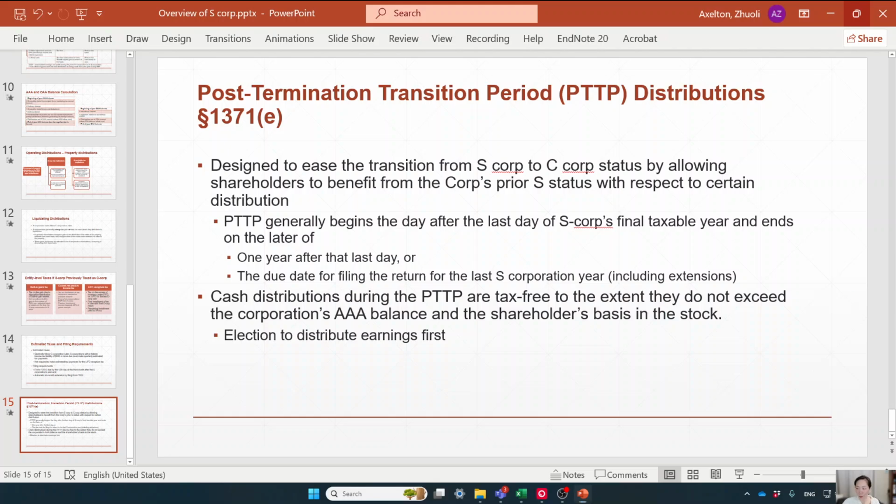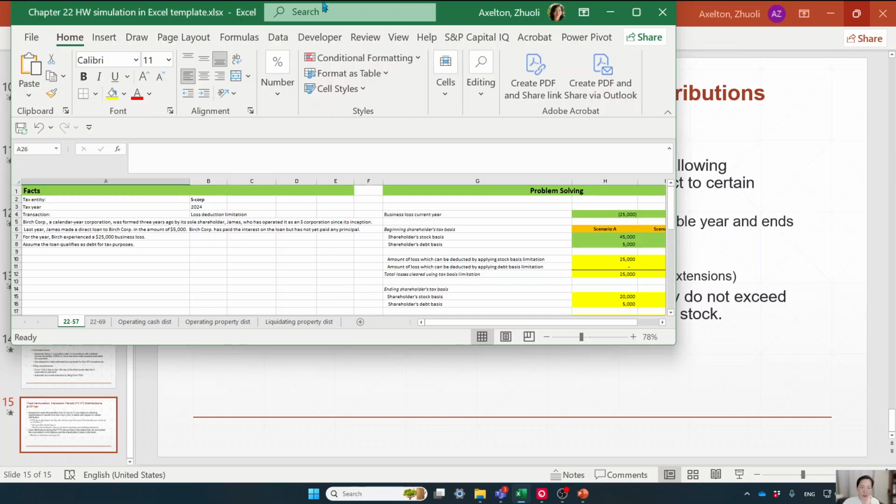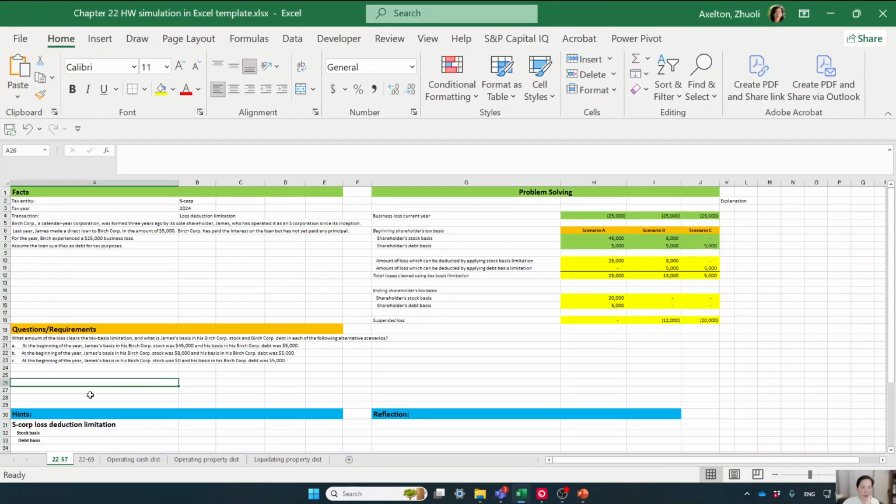And there's a lot of calculation going on here regarding the S corp. We're only going to single out a few in our homework. For homework 57, question 57, this is a loss deduction limitation question. But really, we're just looking at the basis, loss deduction related to the basis. And there are different scenarios.